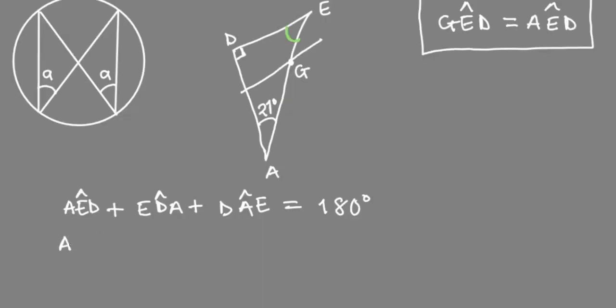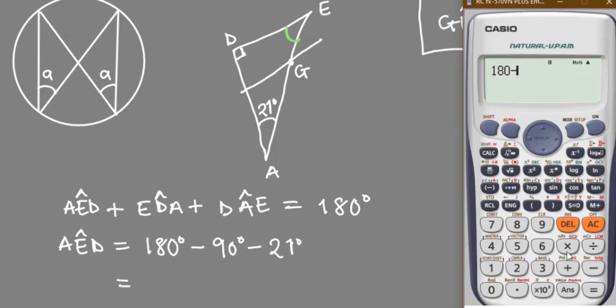After we make AED the subject, we know that all these other angles are going to cross over to the right hand side. Then we replace them with the actual values. EDA is the angle here at D, which is 90 degrees. DAE is the angle at A, which is 21 degrees. Then we find the value, and we have the angle AED. This is 69 degrees.